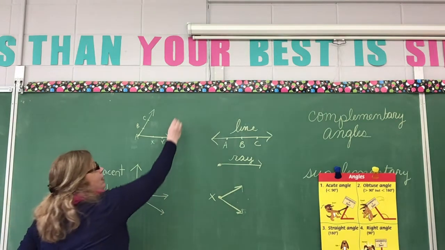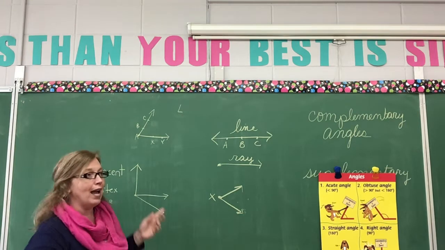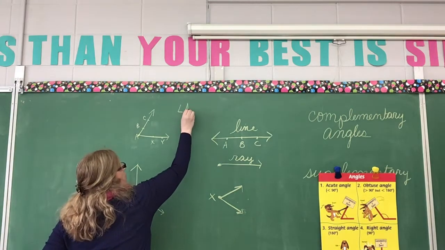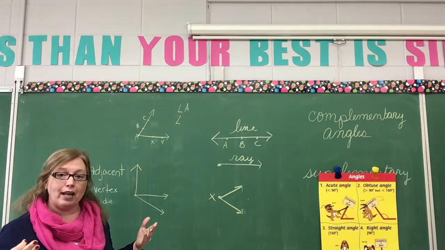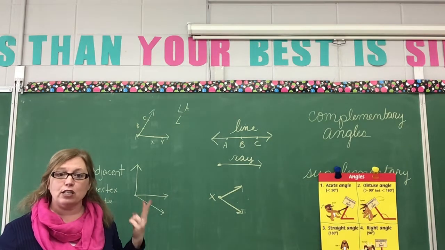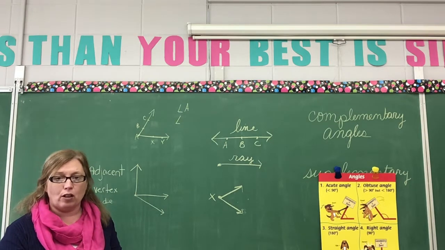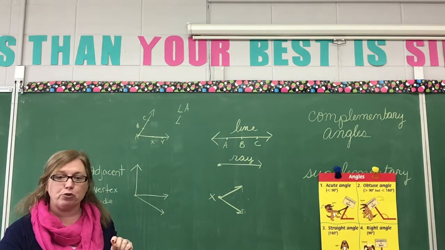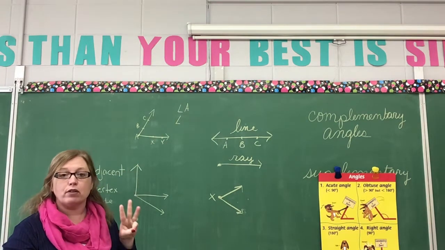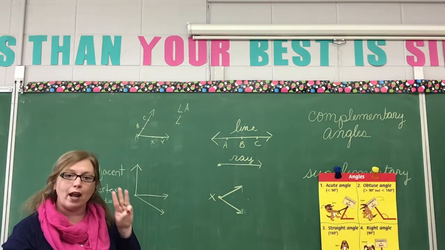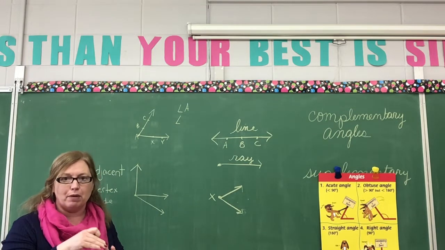I could make the little angle sign when I write the name of an angle. I could call this angle A. I could call it by a bigger name, using the vertex and two points to be very specific as to the part of the angle I'm talking about. I can call this angle A, or I can use three letters to name my angle. When I use three letters, I must put the vertex in the middle, okay?